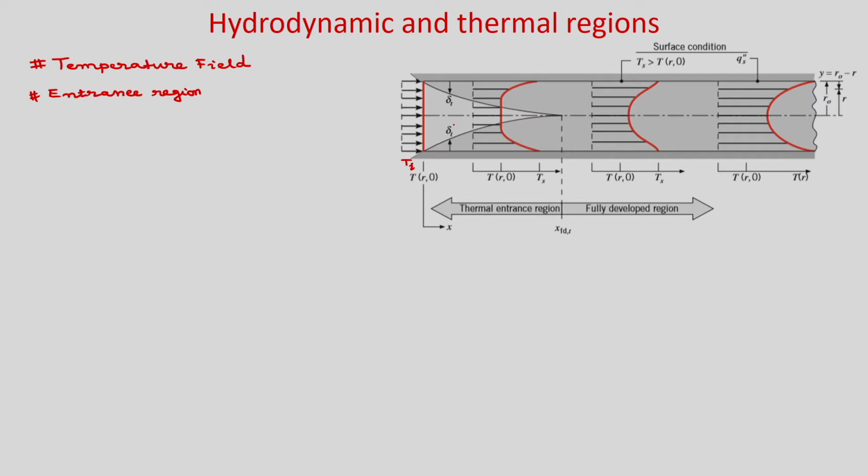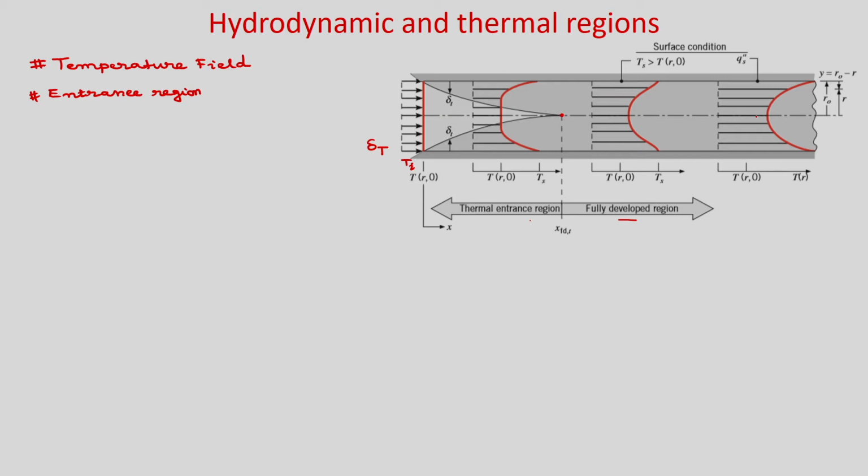Gradually your thermal boundary layer thickness delta T will start growing and will merge at the central region, and this distance is known as the thermal entrance length, and this is your thermal entrance region. After that, this region is known as the fully developed region, and in the fully developed region your temperature will keep on changing in the axial direction.